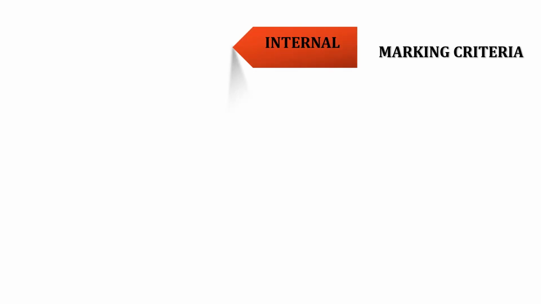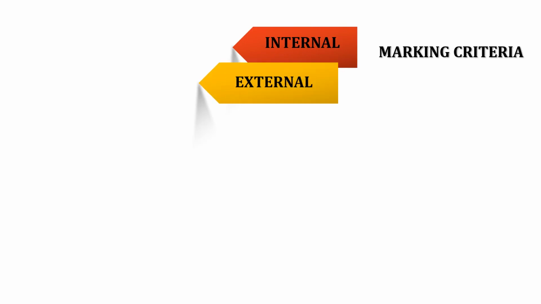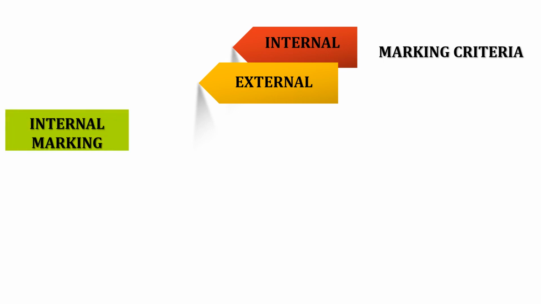Let us understand the marking criteria. Marking will be done in 2 ways. The first is internal marking and the second is external marking. What do we mean by internal marking? Internal marking is done by the college itself. If you are regular in the college, you are going to get 5 marks.